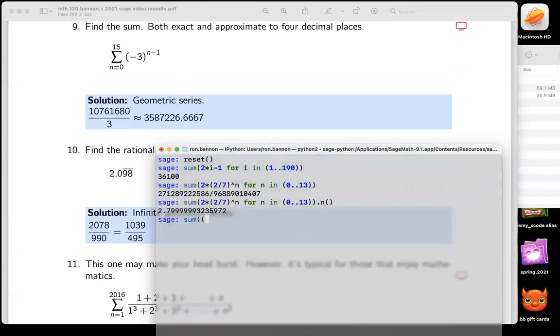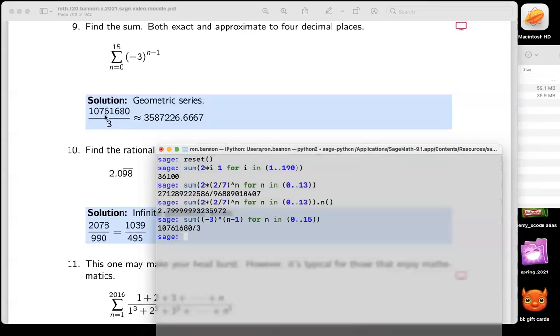All right. So I'm going to say sum. That's going to be minus 3 raised to a power n minus 1. I'm going to use the letter n, minus 1 for n in, what is it in? It starts at 0 and it goes to 15. And what do you get?